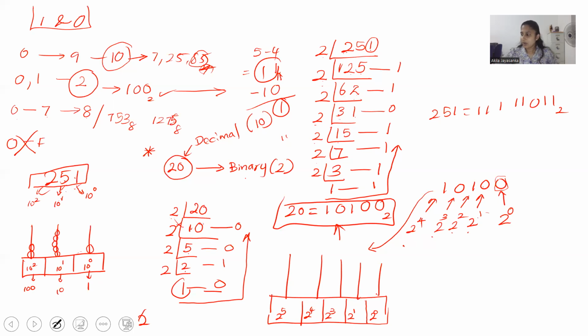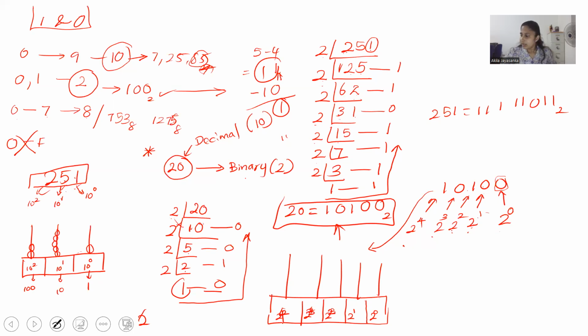Right? Now you know 2 to the power 0 is 0. So we are not going to add any balls here. Then 2 to the power 1 is 0. Again, we are not going to add any values here. Then 2 to the power 2 is 1. So we can add. Oh, sorry. 2 to the power 2, 3, 4 to this point.